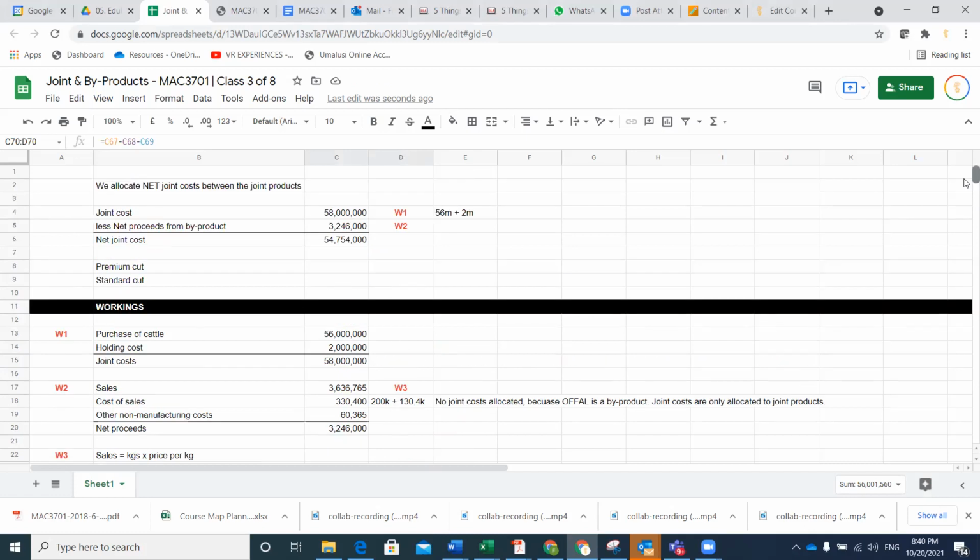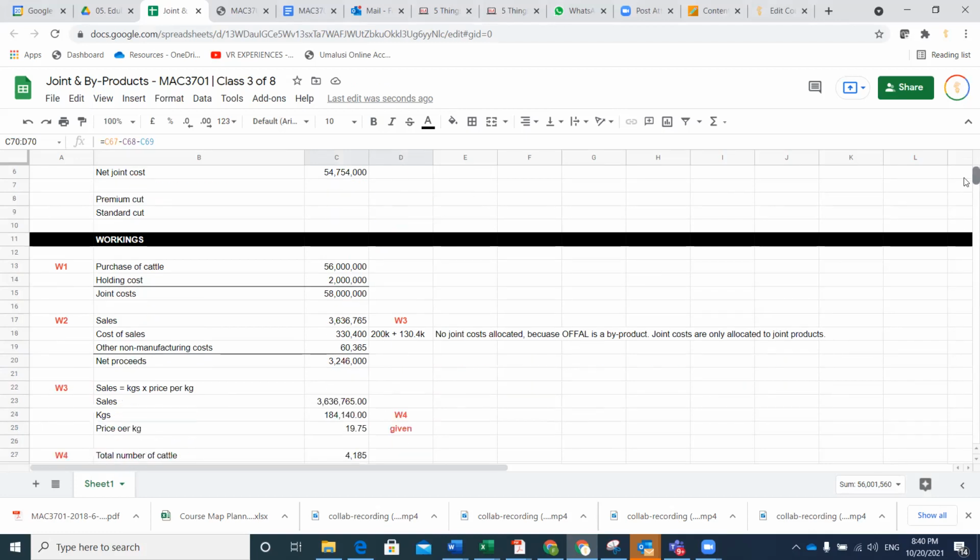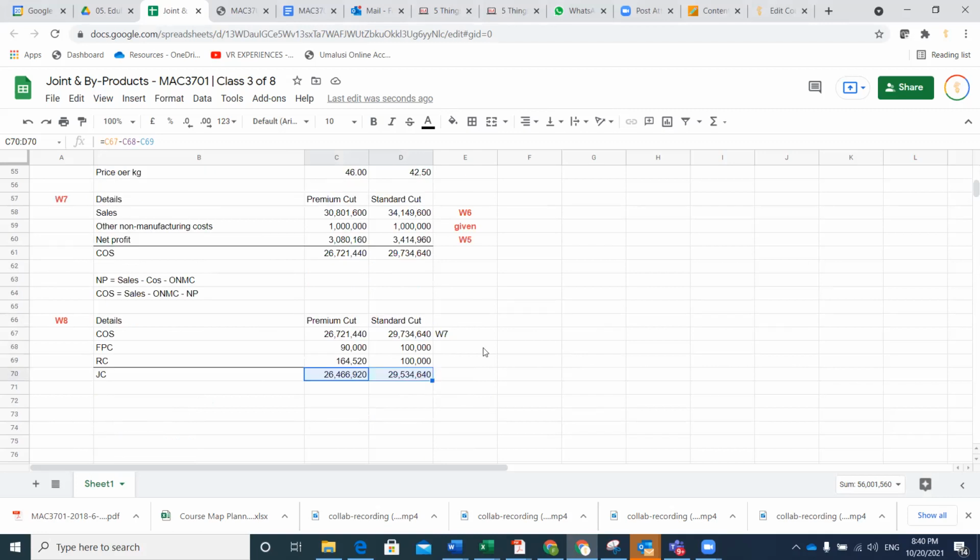So here is our net joint cost. So what should basically be allocated are these amounts, but now it's not adding up. So I just need to figure out how come it's not adding up. But let's just see quickly.